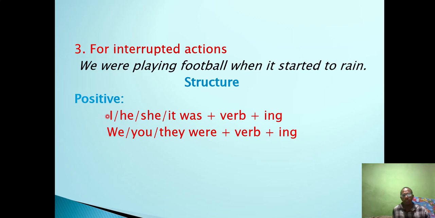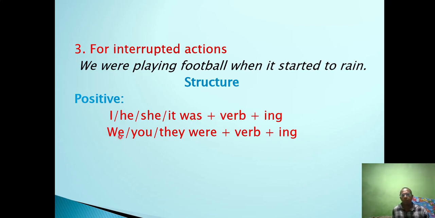And there is a structure for positive sentences using past continuous tense. If our subject is I, he, she, or it, you have to use the singular be verb, was, plus verb with ing. I, he, she, it are pronouns that replace singular subjects, and after these we use was plus verb ing.